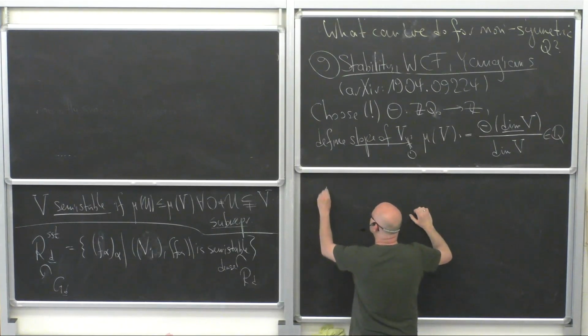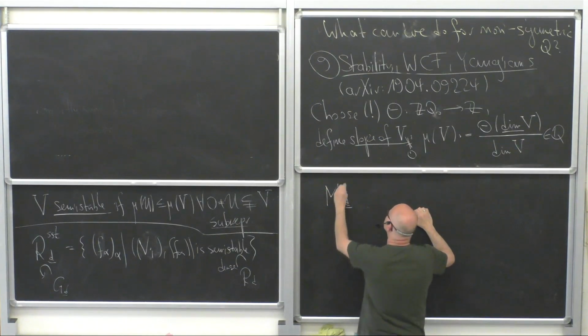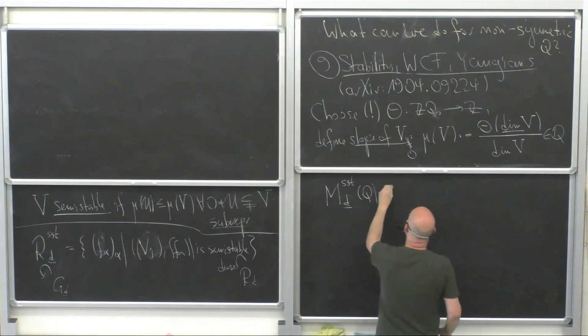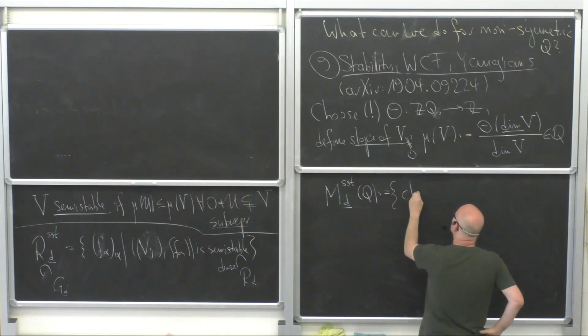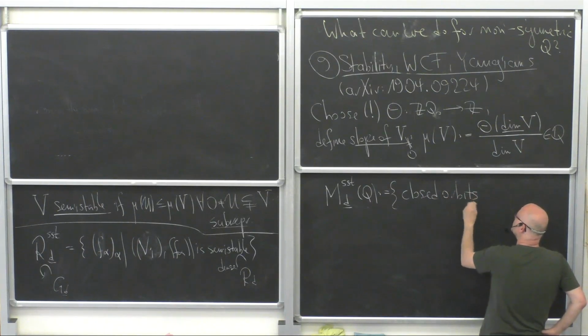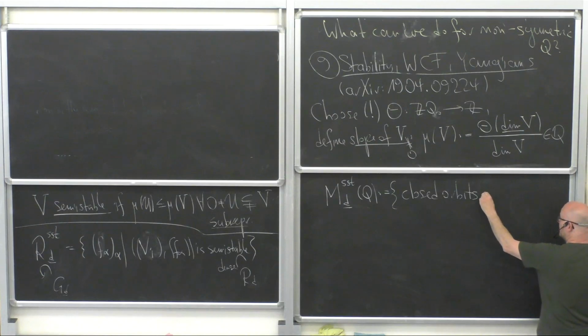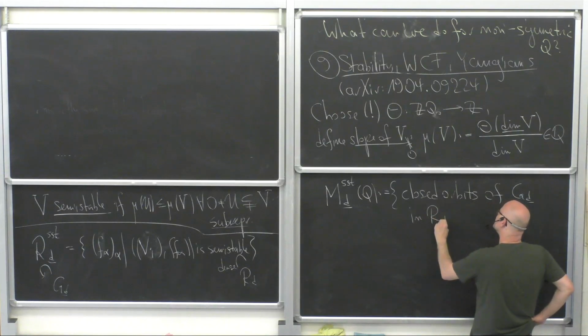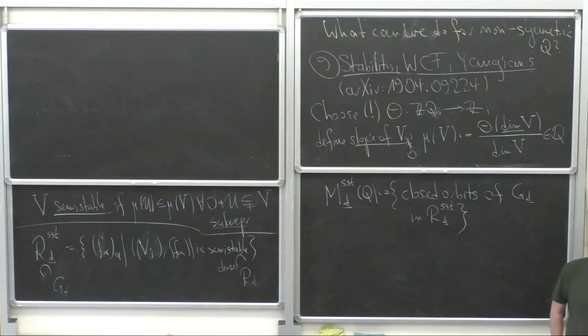Now I define the moduli space M_D^SST of Q as the set of closed orbits of the group GD, but not in the whole space, but in this semi-stable part of the space.